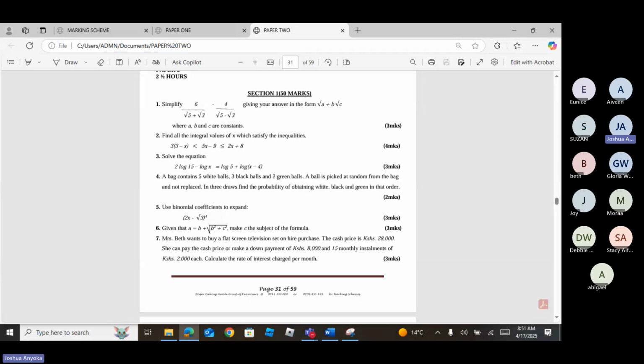A ball is picked at random from the bag and not replaced in 3 draws. Find the probability of obtaining. So this one is a good question. Let us reason about it. Question 4.